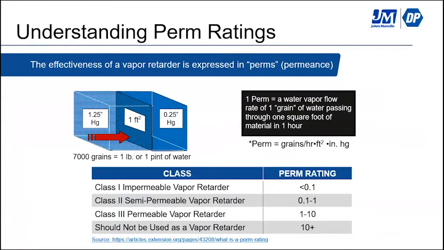Most vapor retarders in the insulation business, such as your foil scrim krafts or your PSKs, are impermeable vapor retarders. They are less than a 0.1 perm rating. There are other things that are semi-permeable, which is anywhere between 0.1 and 1, and then class 3, which is a permeable vapor retarder, and we'll talk more about examples of those in the subsequent slides.